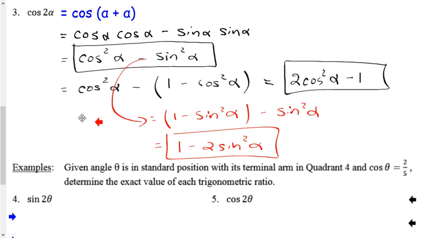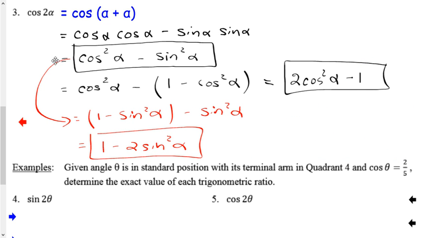Similarly, if I had replaced this cos squared alpha with 1 minus sine squared alpha, it would simplify down to what's in the red box here. And so we have three different identities we can use for a double angle of cosine function.